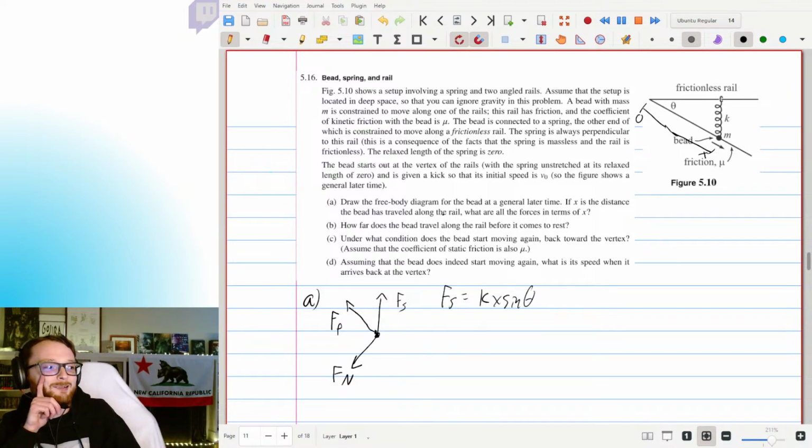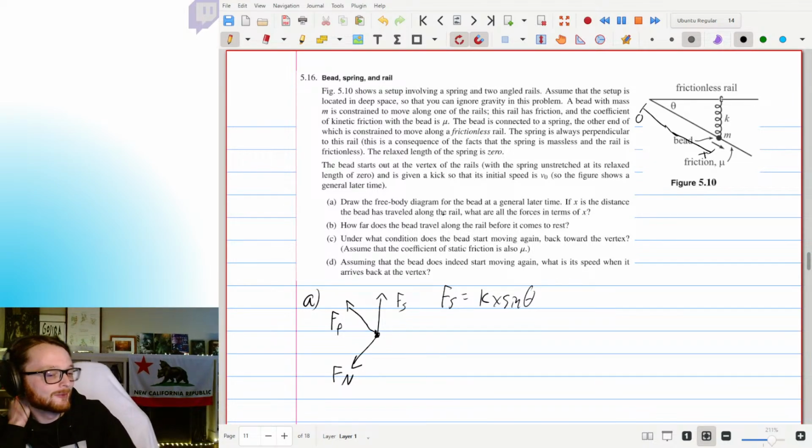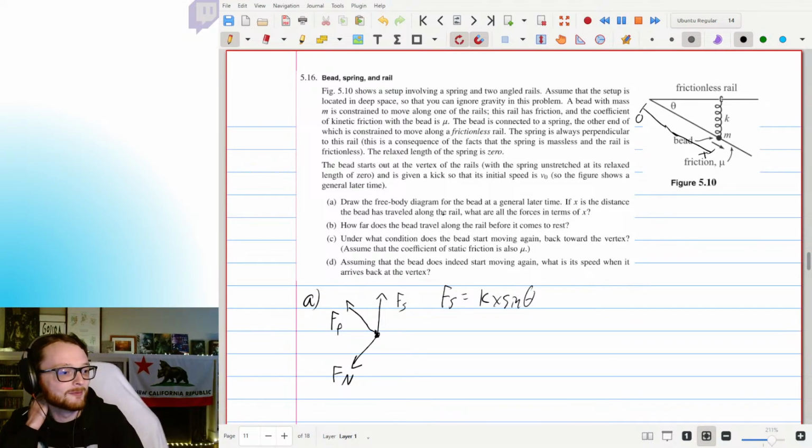Wait. Does my free body diagram need to be tilted? The entire thing? Because the bead, well, I guess the bead could know it's at an angle.